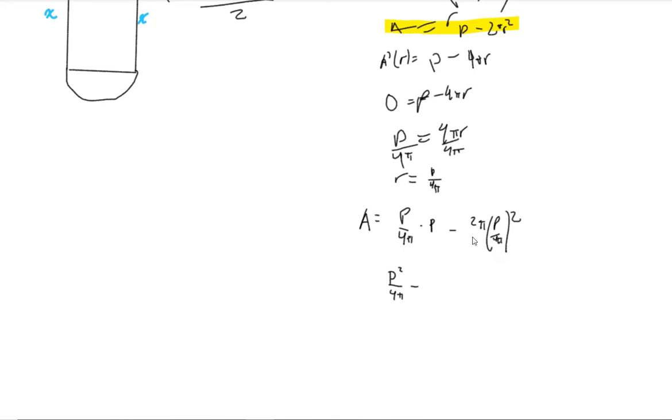Oops, whoops, I made an algebra error. So you would get 16 pi squared at the bottom, and then the 2 would cancel out the 16, and it would reduce it to 8 pi.